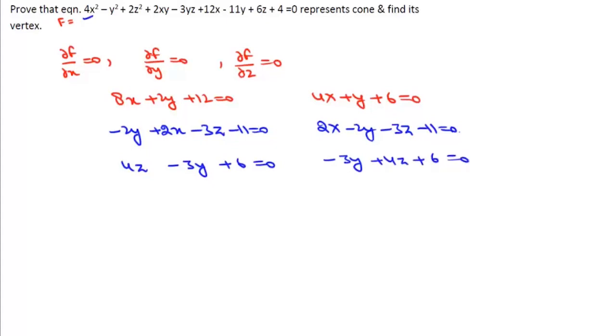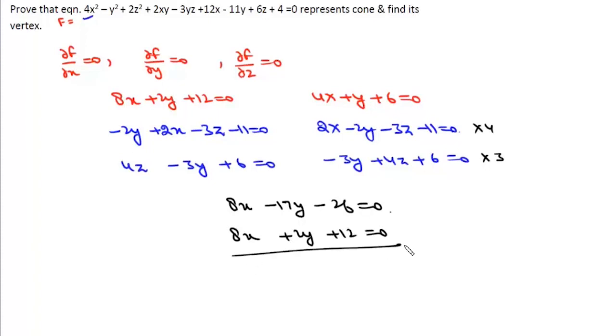Now from this second and third equation, we'll eliminate this y first. So we'll multiply it with 4, multiply this with 3, and then we'll add them. We'll get this as 8x. Now here it is 8y and minus 9y. So there'll be minus 17y. Now this z will cancel. Now this is minus 44 and 18, which is minus 26 equals 0. And here we'll multiply it with 2. We'll get 8x plus 2y plus 12 equals 0.